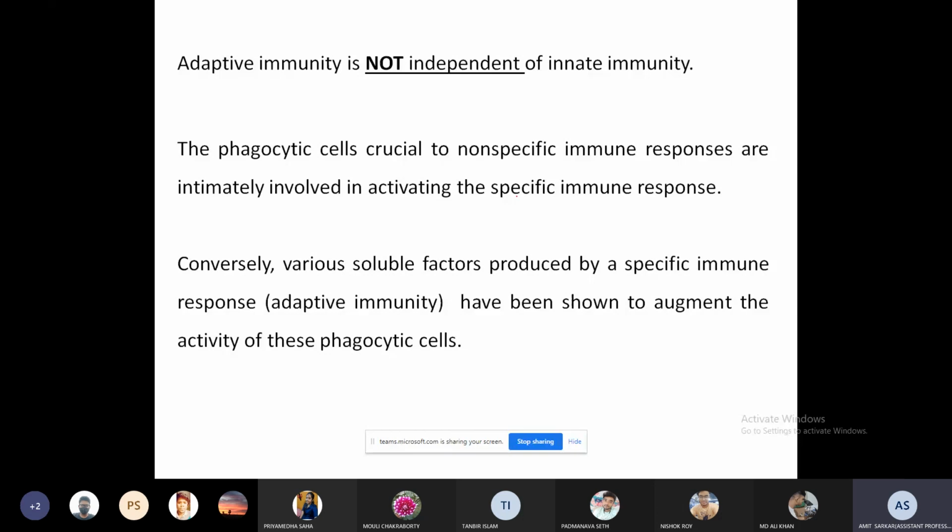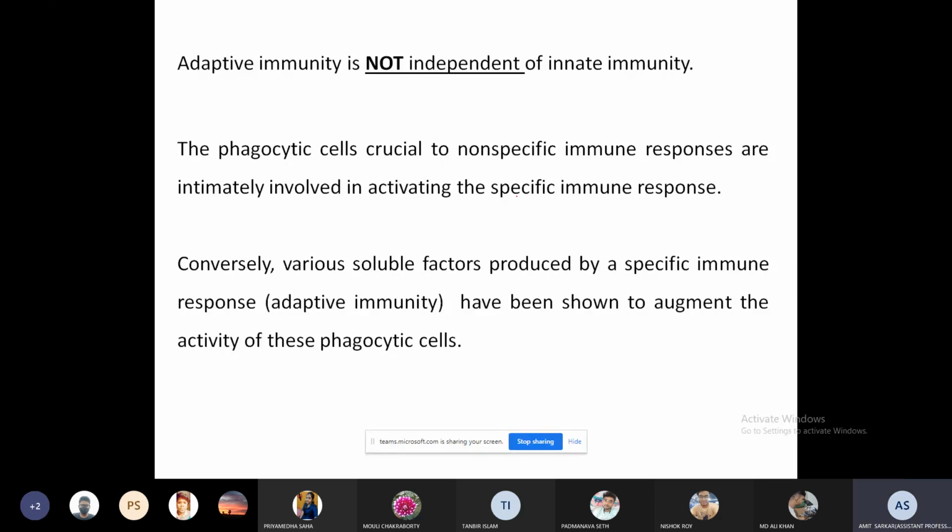So there's a relation. Phagocytic cells, part of innate immunity, when getting activated, are also activating our adaptive immunity in turn. So adaptive immunity is partially dependent on the innate immunity.